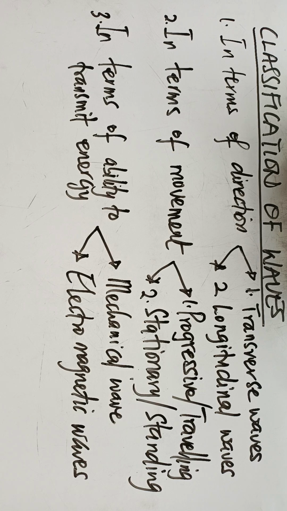And finally, in terms of the ability to transmit energy through a vacuum, waves can be categorized into mechanical waves and electromagnetic waves. So basically, these are all the classifications of waves: transverse, longitudinal, progressive, stationary, mechanical, and electromagnetic waves.